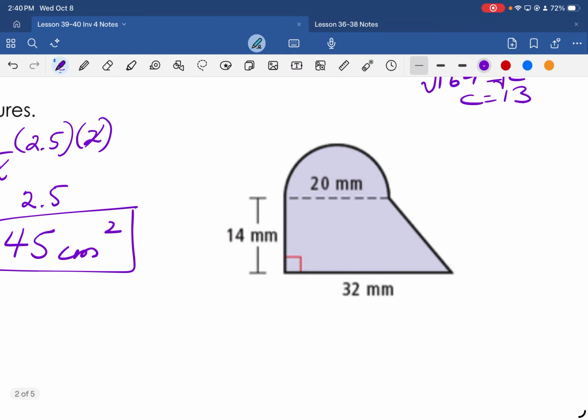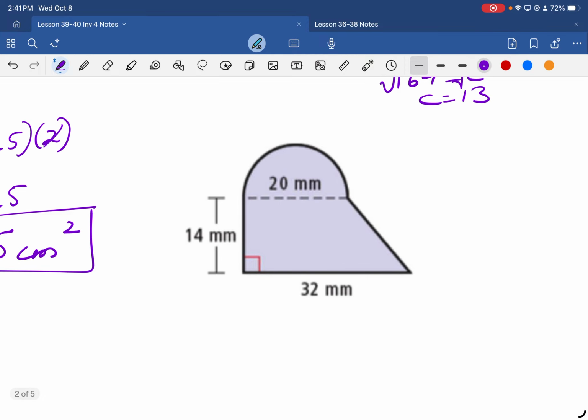Okay, this one right here was a little bit of a challenge. We just needed to remember that a circle is pi r squared. So if this is 20, we know the radius to be 10, right? So pi 10 squared divided by 2, because we don't need a full circle, we need a half circle.